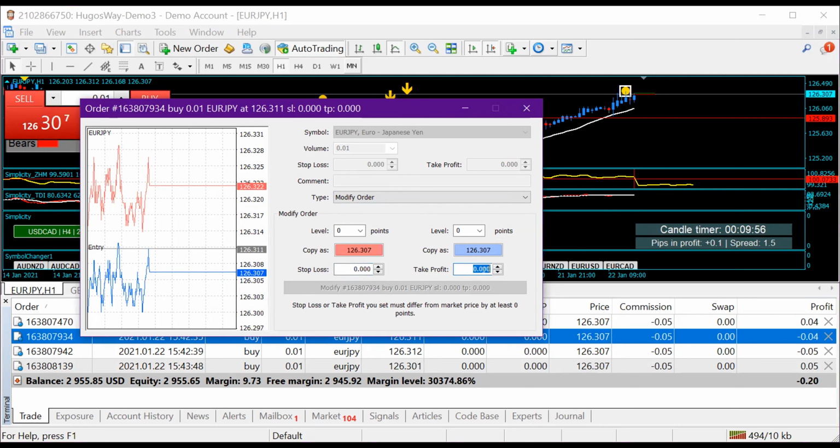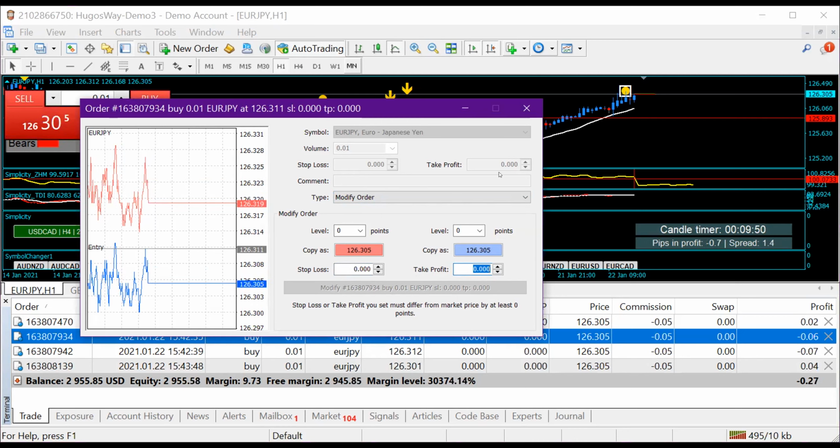All right. That's where you would type in, if the stop loss and take profit was given to you, you would type that number in there. Or if you did your own calculations, yes, I want to have a 40 pip stop loss and a 20 pip take profit, then you would do your own calculations and you would type that number in there.